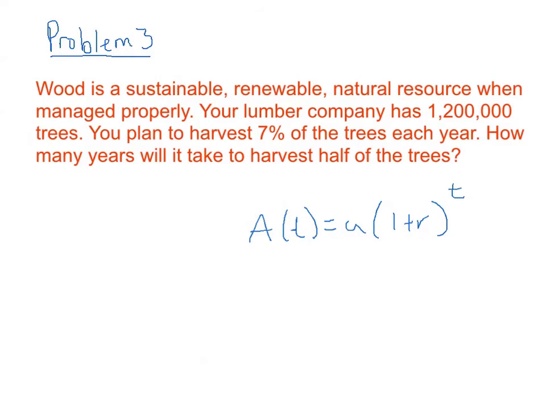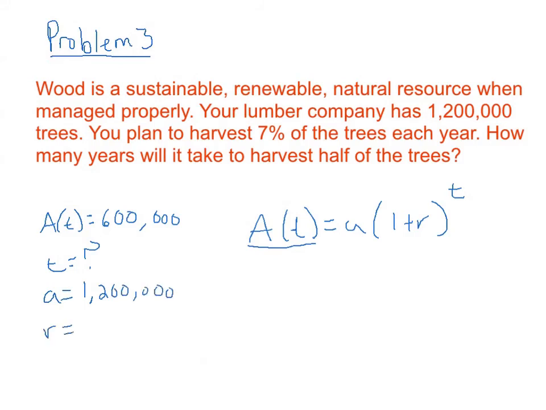A of t is how much we will have after so long. So this is going to be half. Half of 1.2 million is 600,000, so A of t is 600,000. Time, we don't know. That's what we're looking for, so t is the unknown. The little a is what we start out with, so that's 1,200,000.